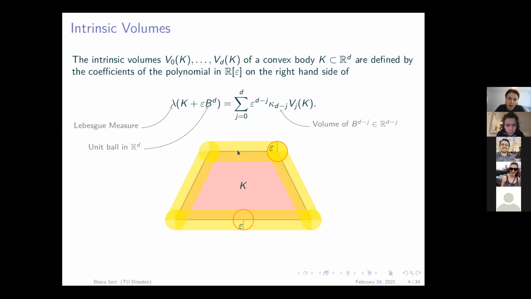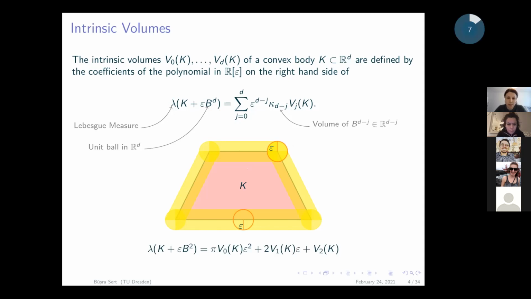This gives us a parallel set. On the left-hand side, we have the volume of this Minkowski sum, and on the right-hand side, it's a polynomial in epsilon, and the coefficients give us the intrinsic volumes.